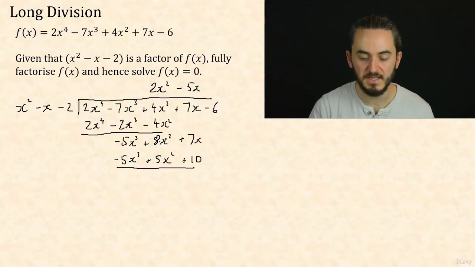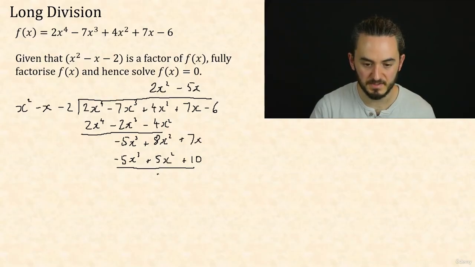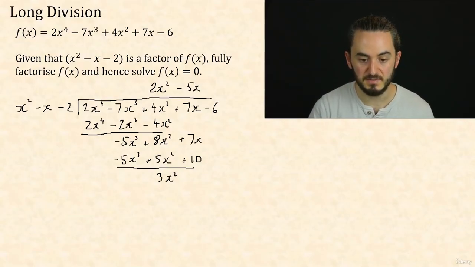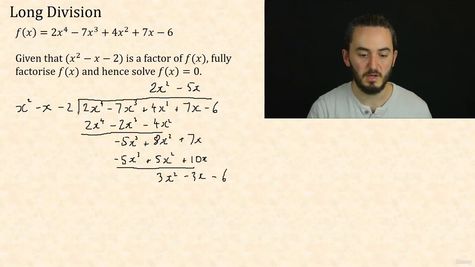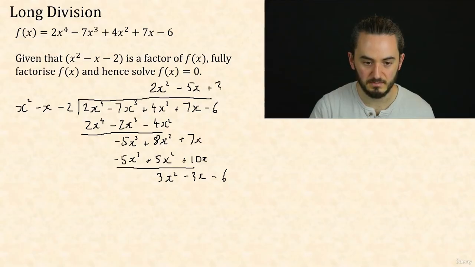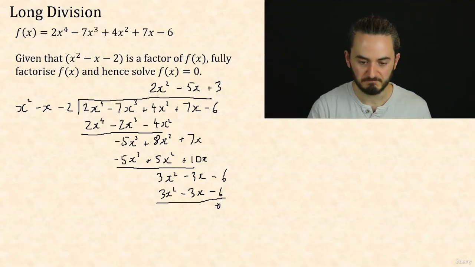These cancel. 8x squared minus 5x squared is 3x squared. 7x minus 10x, oops, I forgot my x here, is minus 3x, and drop the last term down, minus 6. What do you multiply x squared by to get 3x squared? It's 3. Multiply 3 by this expression, and I get 3x squared minus 3x minus 6. All of this cancels, no remainder.